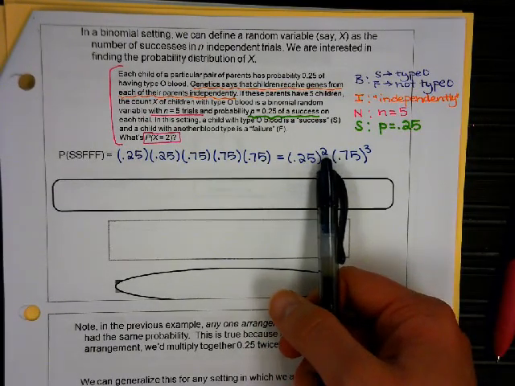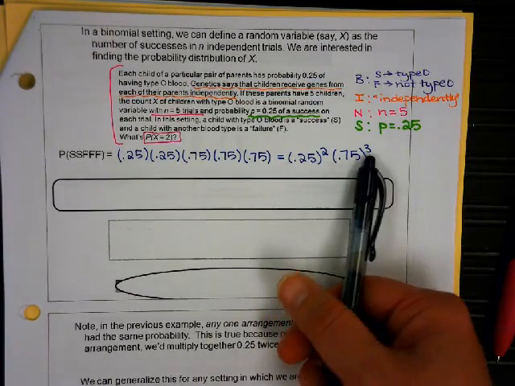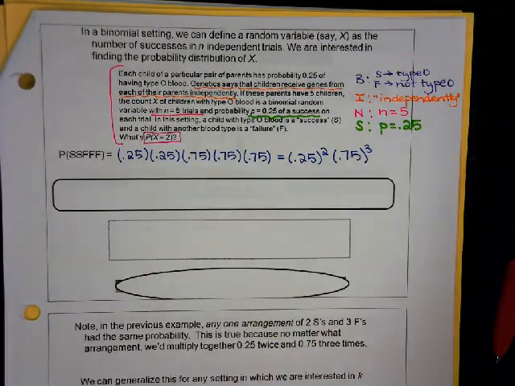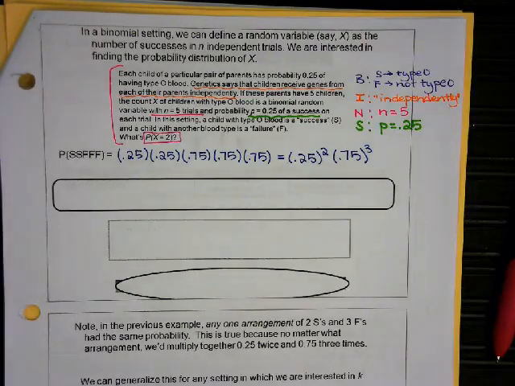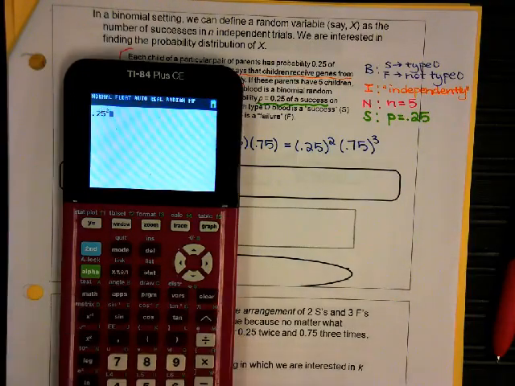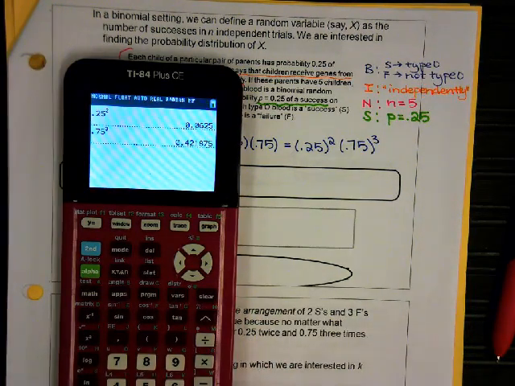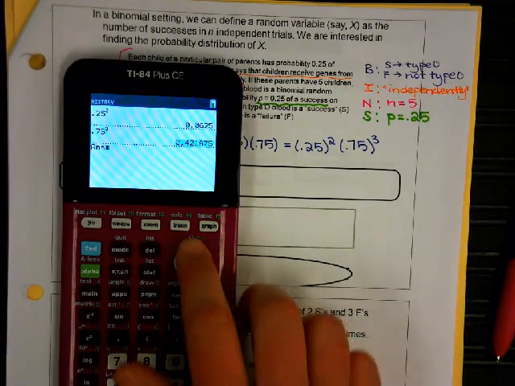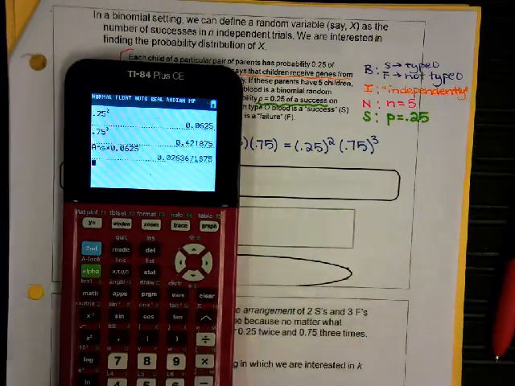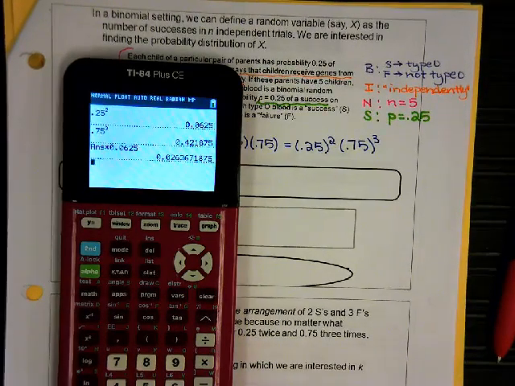So we have 0.25 squared, 0.75 cubed, and then we multiply those together. We get 0.0264 when I round.